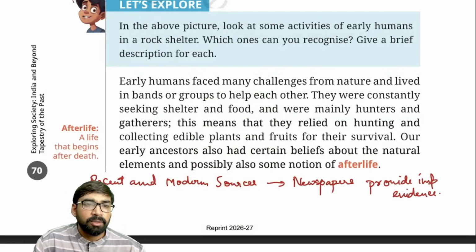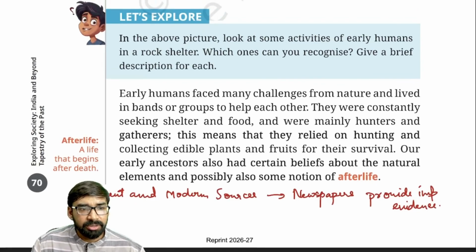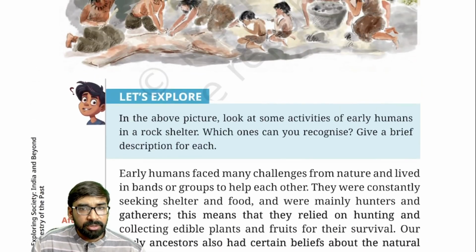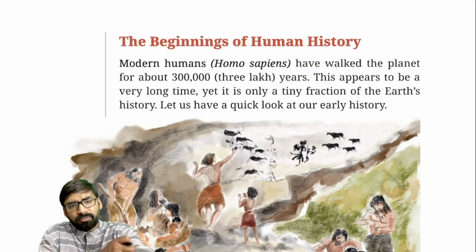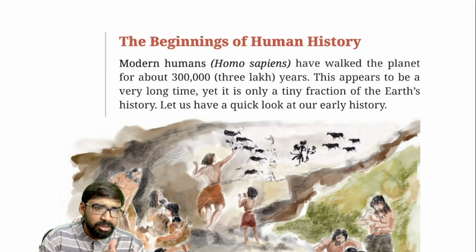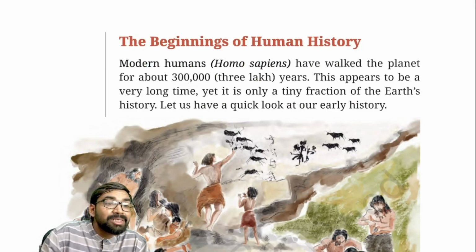Fine. Okay. Now we'll discuss the beginning of human history. है ना? Now, as you can see in this picture, we'll discuss the beginning of human history. ठीक है? When we talk about human history, the first thing that comes to our mind is how humans evolved.